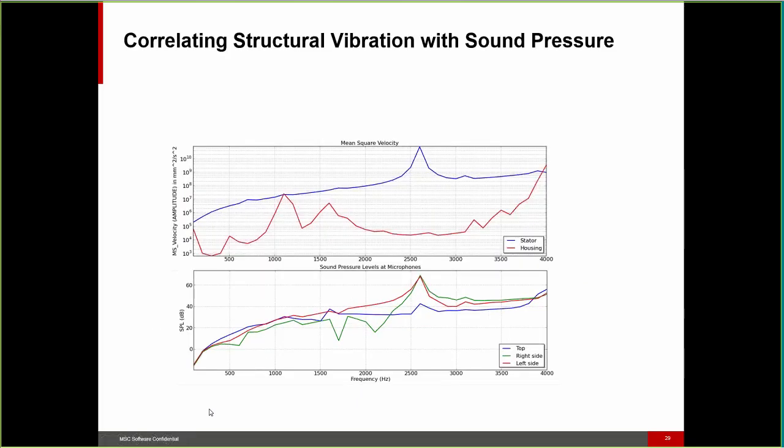When we look closely at the mean square velocity values and the sound pressure levels, we can see that there is a correlation between the structural vibrations and the sound pressure level. The peak at 2.6 kilohertz here that we saw in the sound pressure level is due to the stator vibration.